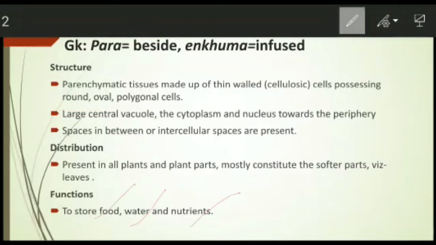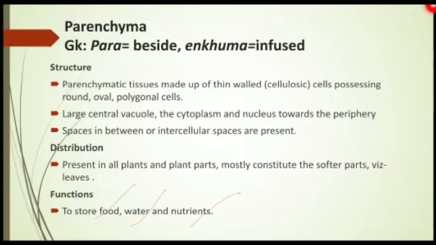First of all, this word parenchyma derived from a Greek word. The first part, paren, came from the word para, that means beside, and the second part comprises the word chyma, which came from the word enchyma, which means infused.